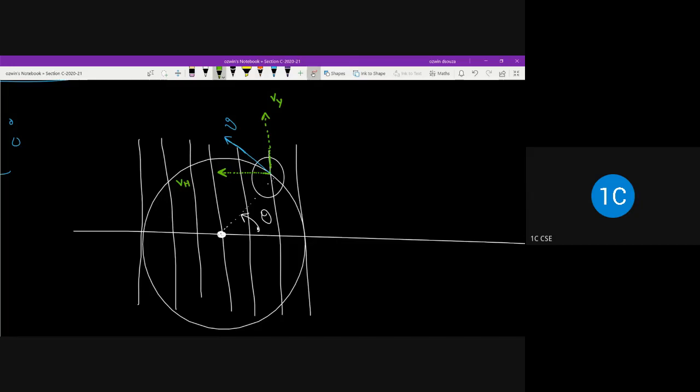Now, this angle is theta. If this angle is theta, then what is this angle? Theta, because of Z angles, right? So this is also theta.